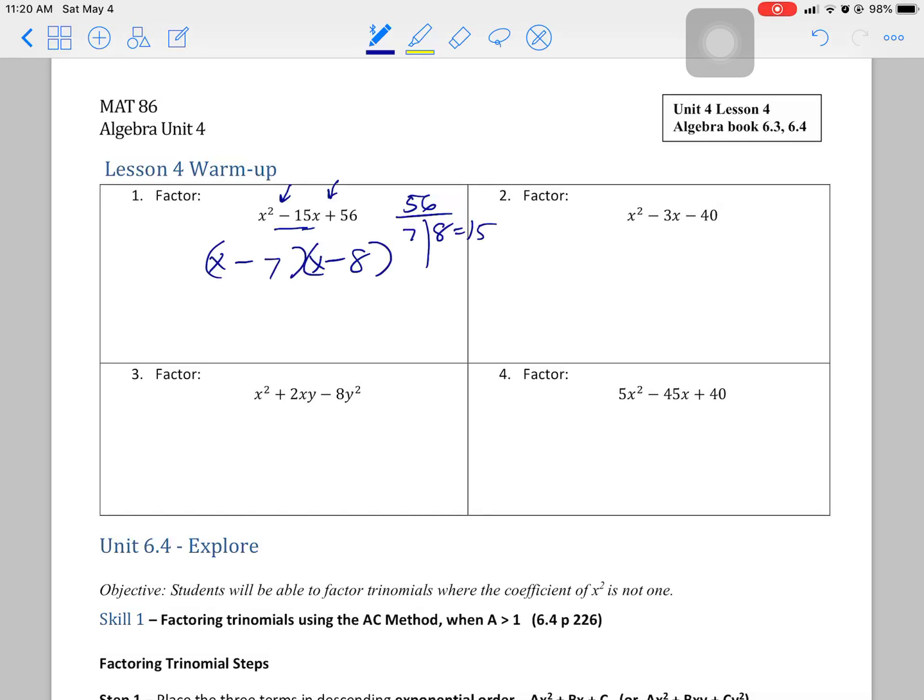Okay, if the 7 and 8 didn't spring to mind, remember factors of 56, I usually make a little factor tree. It's even, right? So if it's even, 2 goes into 56 28 times, but that adds up to 30, not 15. So that's not it. And 1 and 56, that's not it. Okay, there's 2 and 28.